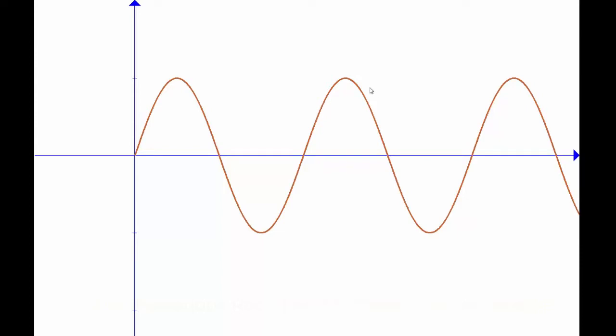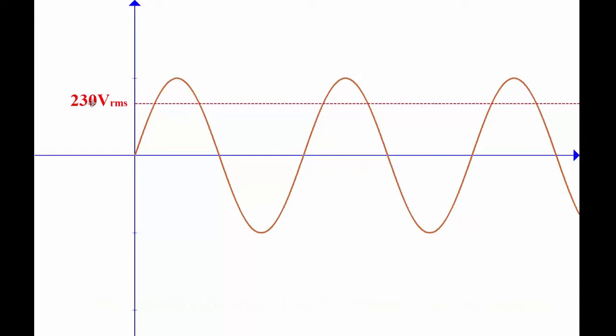Now when we say 230 volts, we mean this point here in terms of that level, which is called the RMS, root mean square level. Okay, so it's not the peak value. The peak value, as you can see, is a little bit higher than 230 volts.